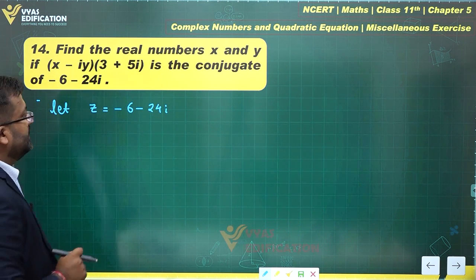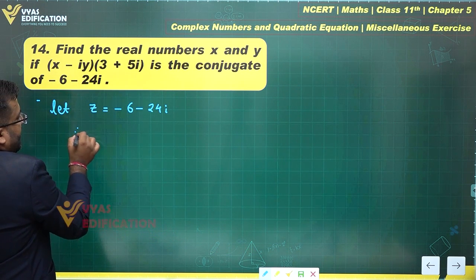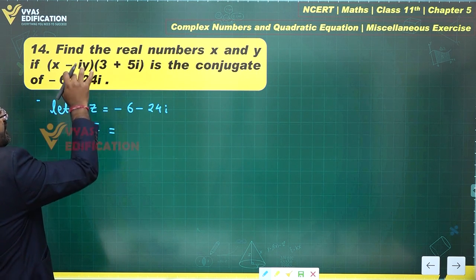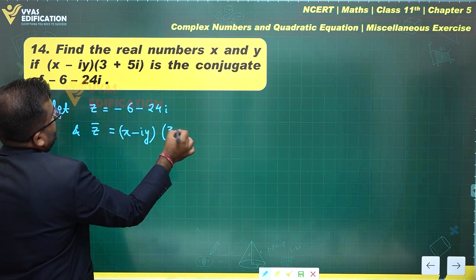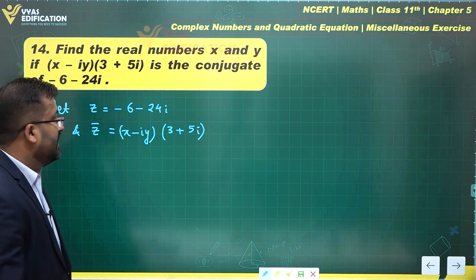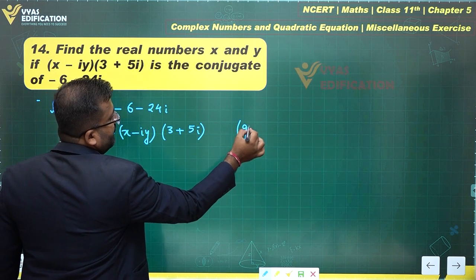This is a complex number given, and this whole thing is a conjugate of this. Therefore, z bar is equal to, since the conjugate of this is this, (x - iy)(3 + 5i). This is given to me, right? z bar equals this. This is also given.